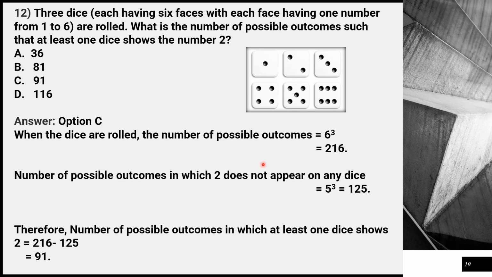Leaving out 2, that is 2 does not come, we have 1, 3, 4, 5, 6, so 5 faces, but 3 dice are rolled, that is 5 power 3, which gives 125. In 125 outcomes 2 doesn't come. So subtracting 125 from 216 gives the outcomes showing 2. That is 91. So the option is C.